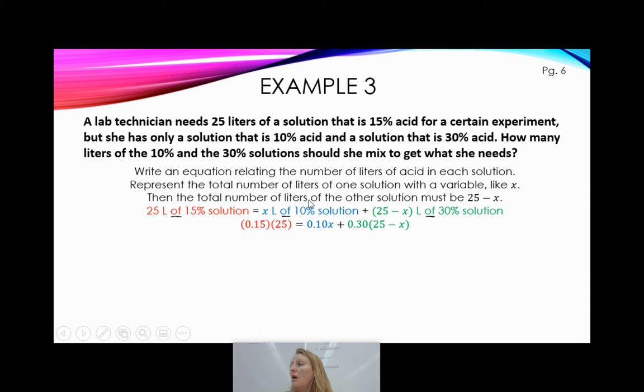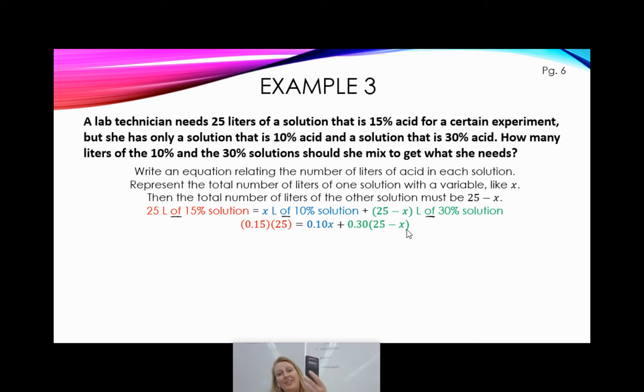Same thing here. 10%, we said we're going to write that as 0.10 times x number of liters. Same thing on this last one. 30%, we said we're going to write that as 0.30 times my 25 minus x. And now, this looks like an equation we can work with.